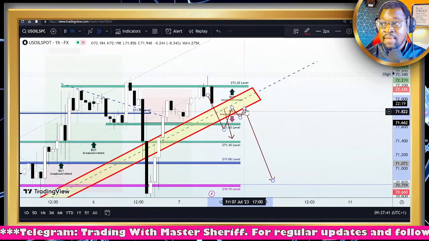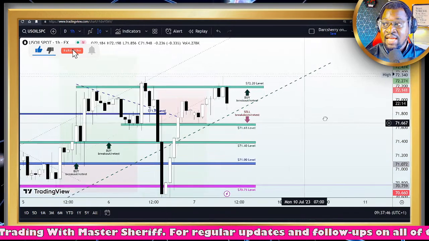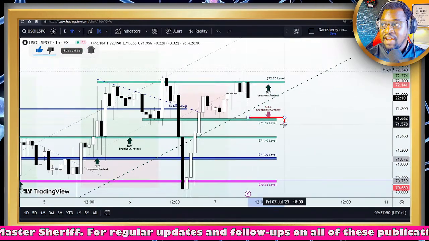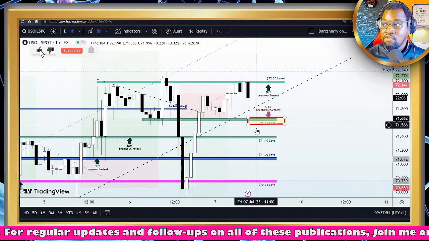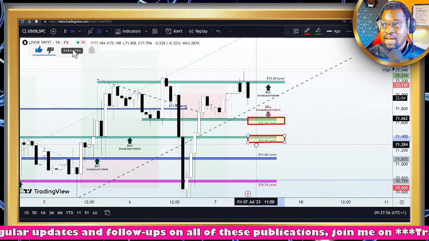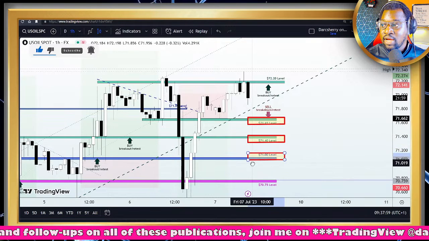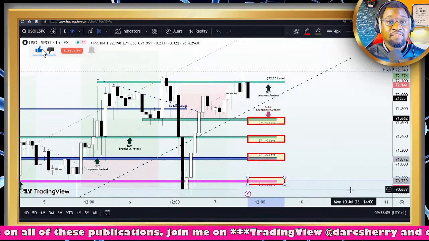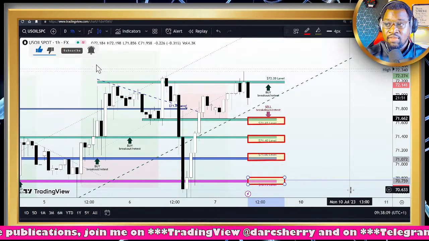And in fact, this current structure has a tendency of giving us multiple entries, as we have levels such as the $71.65 level. If broken to the downside, a retest of structure should confirm more opportunities. We also have the $71.40 level and of course the $71 area. And if price action goes on to drop below the $70.75 level, we will be looking out for more opportunities on this one.